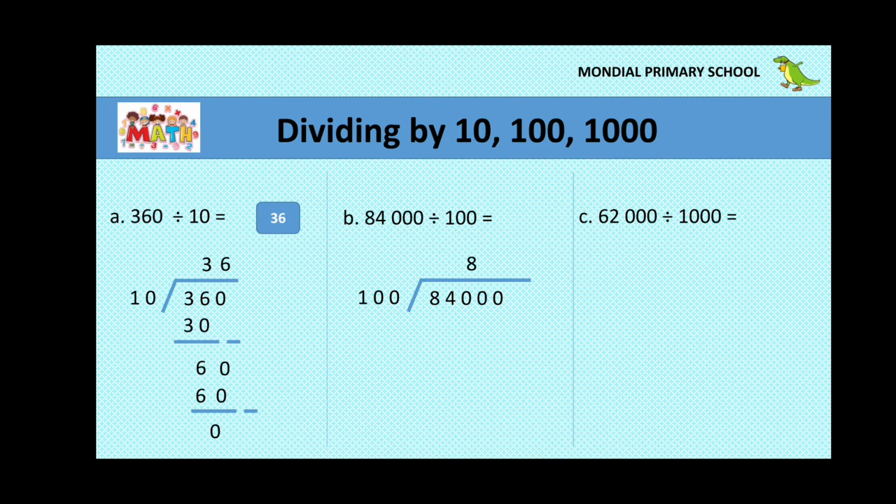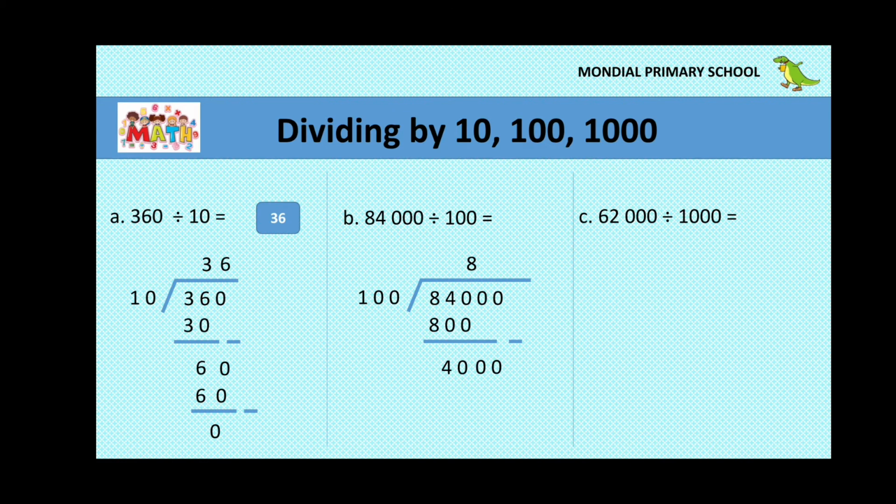8 times 100 is equal to 800, and then 840 minus 800 gives us a remainder of 40. Now we only have 2 digits left to divide. So we bring down a copy of the third and fourth digit to combine with the remainder.